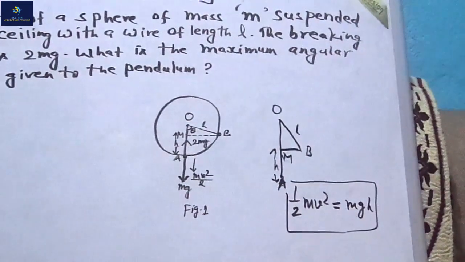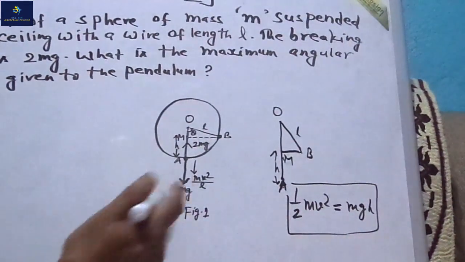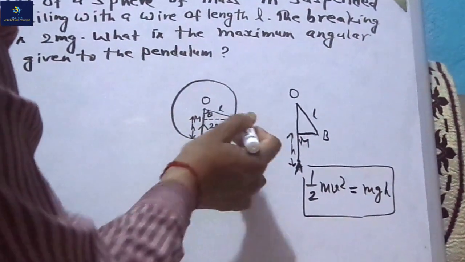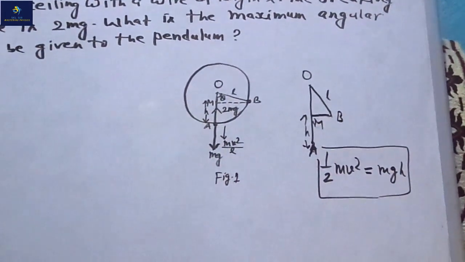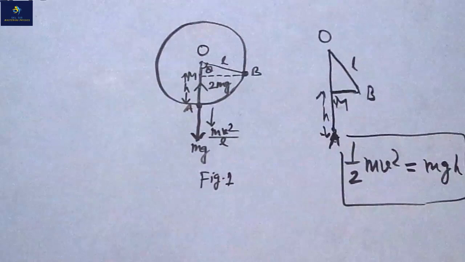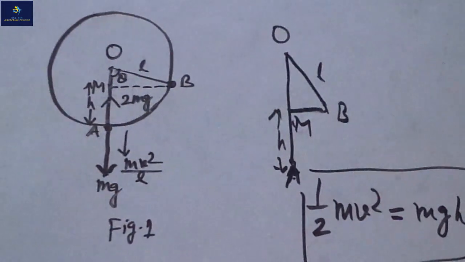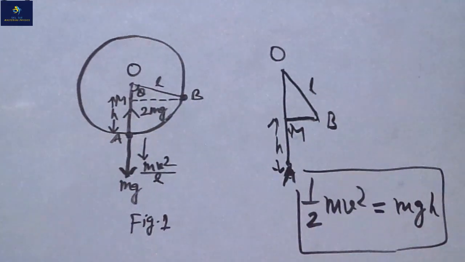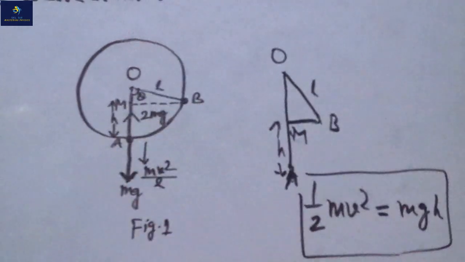On this principle we can find the angular displacement that is given to this pendulum from the position A to the position B. So we have to find this angular displacement. But the complication is finding the value of h.